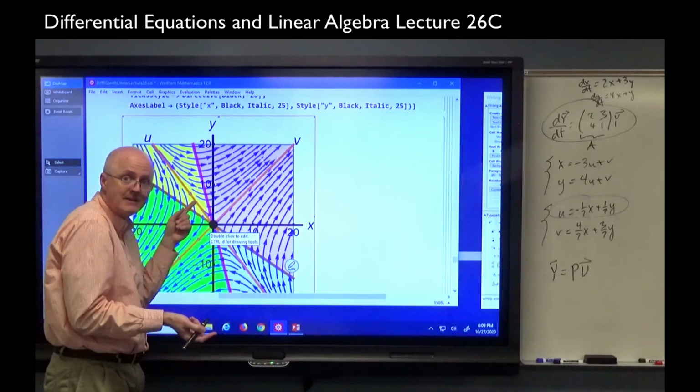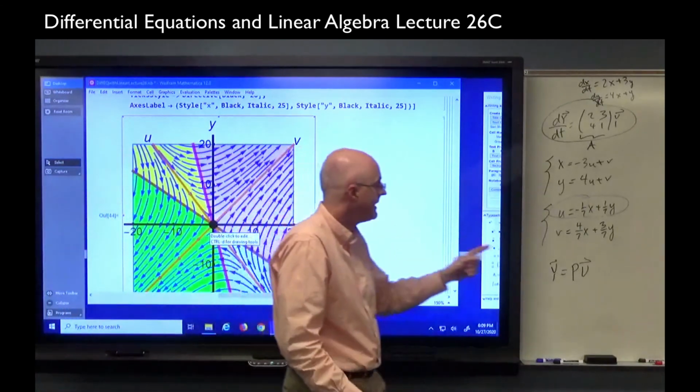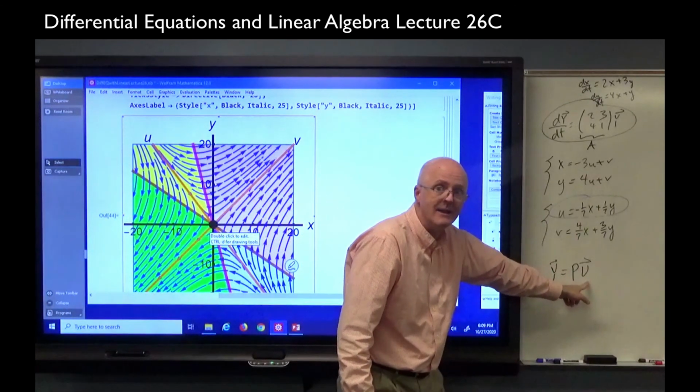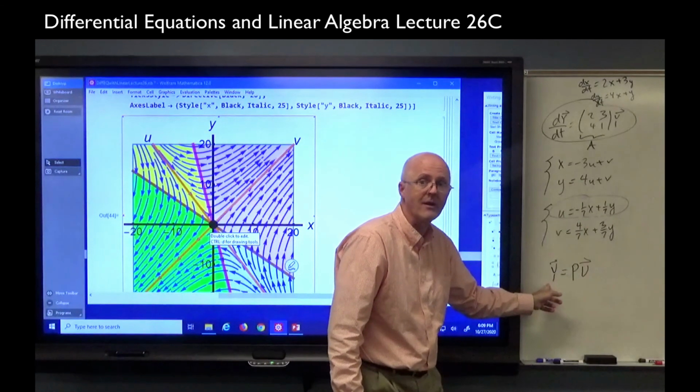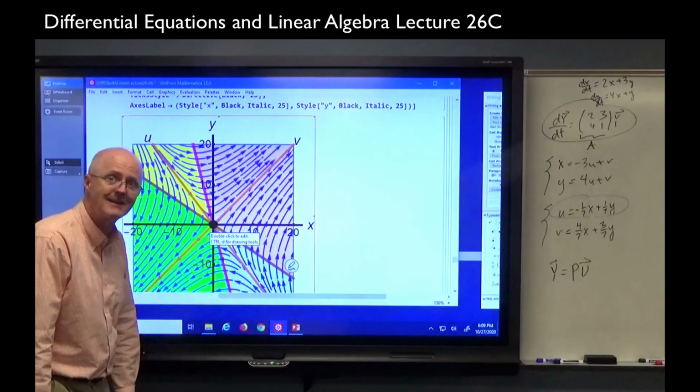I already mentioned that 5 minutes ago. If you replace that u with (1, 0), you get y as (-3, 4). You get its x and y coordinates.